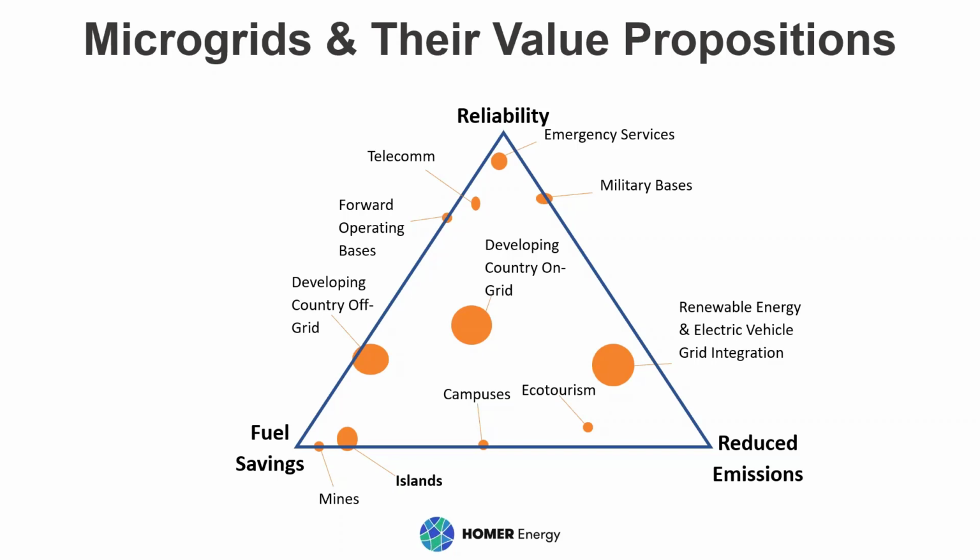And finally, it's been demonstrated over and over now that you can do renewables at extremely high penetrations in a microgrid. Lots of examples now of microgrids with over 90% renewable penetration. And that's much higher than the large utilities are able to do on their systems, for a whole variety of reasons.